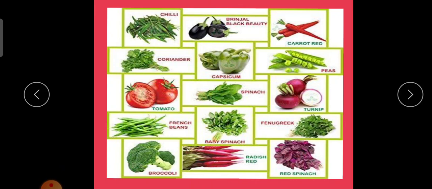What are the functions of the seed? The main function of a seed is to produce a new generation of a plant. It means it helps in reproduction. By the help of seed, the new generation of a plant is produced.